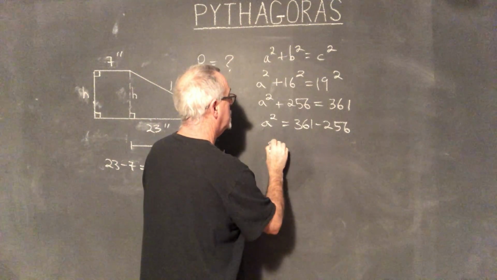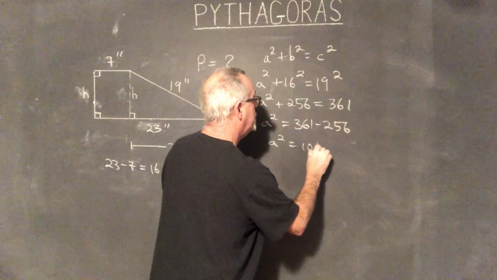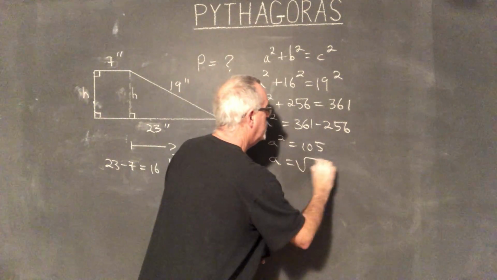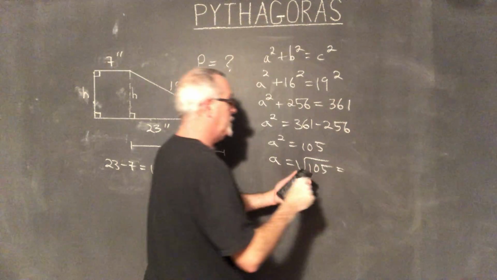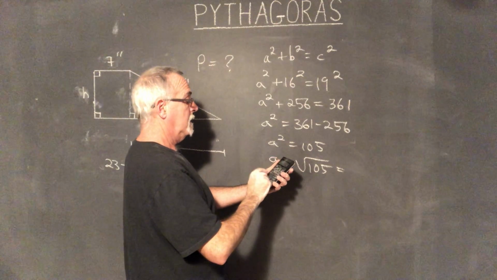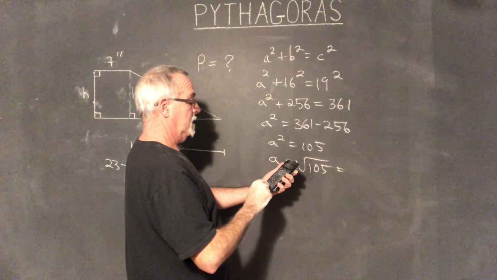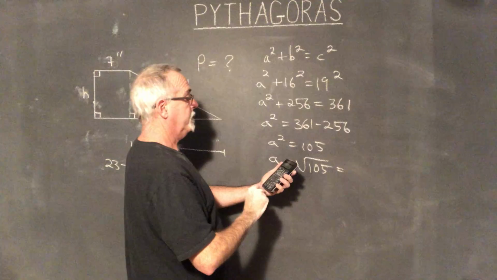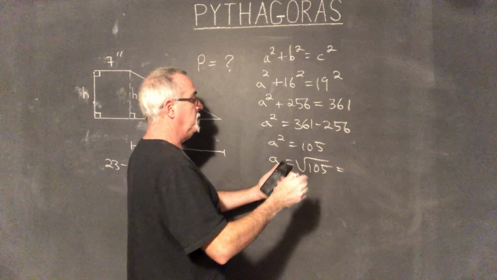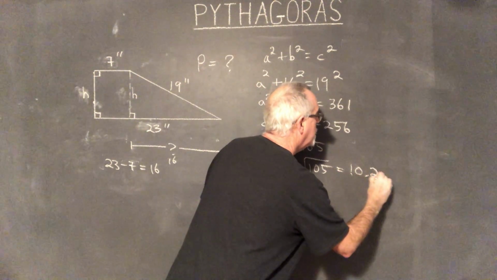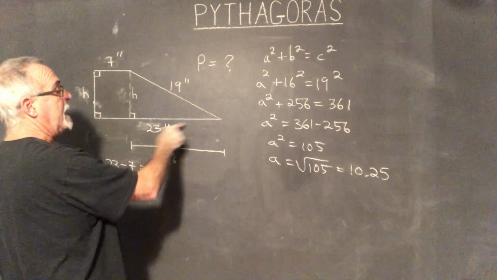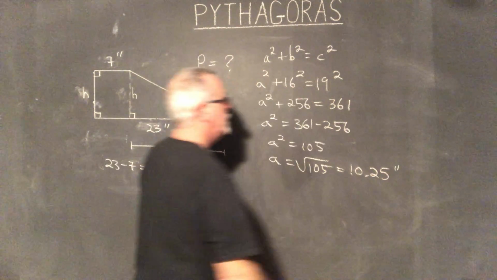Yes, that makes sense. a squared equals 105. So a is equal to the square root of 105, which is 10.25. And it was inches. I did it.